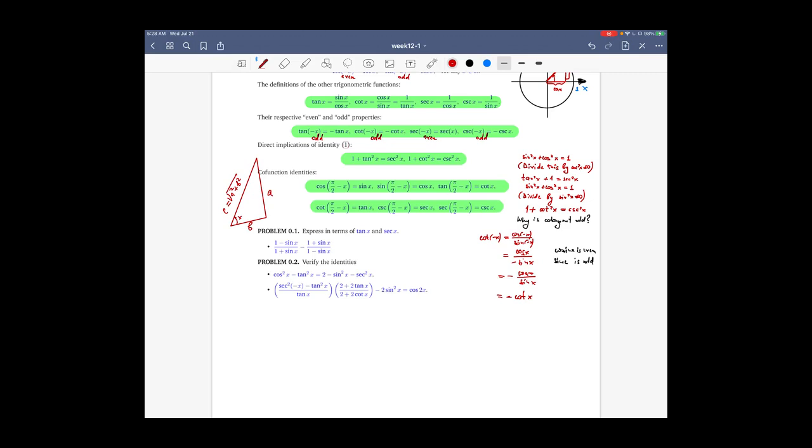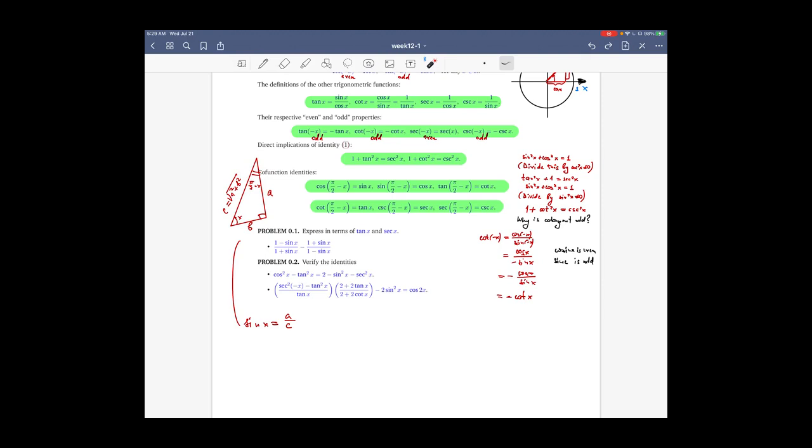And here we have sine x is a over c. Then the other acute angle is, of course, pi over 2 minus x. That is because the three of them, pi over 2, x, and the third angle must add up to pi. And so if one angle is pi over 2, a second angle is x, the third angle must necessarily be pi over 2 minus x.